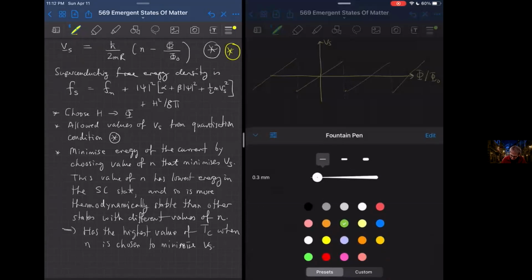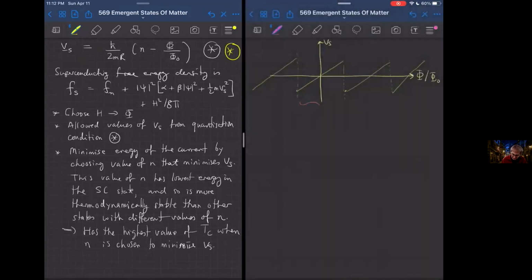So what you get then is that this state over here is n equal to 0. This one over here is n equal to 1. This one over here is n equal to -1, and so on.